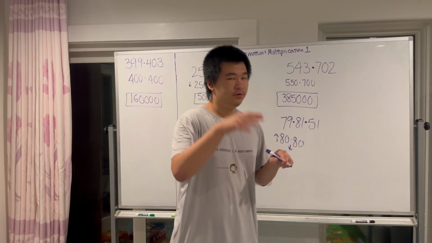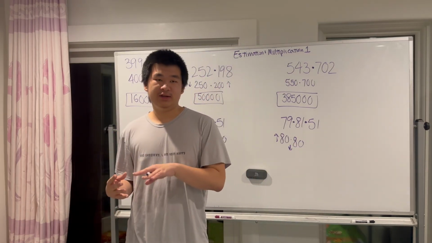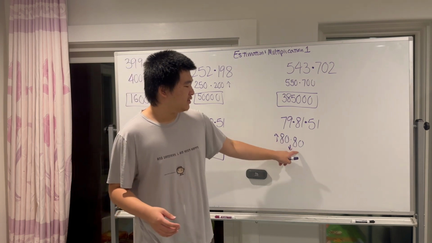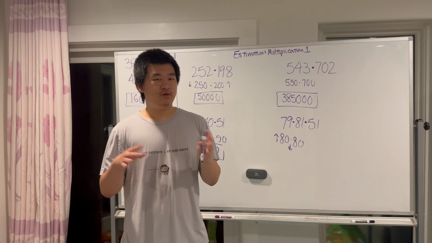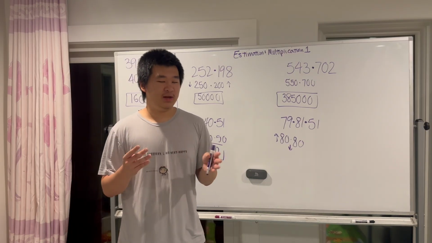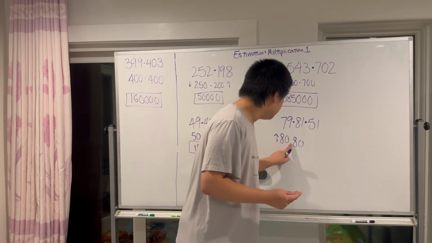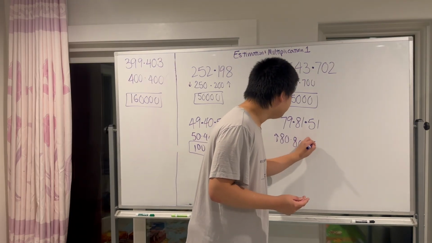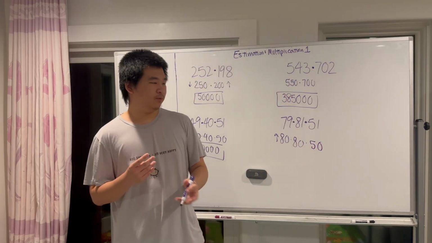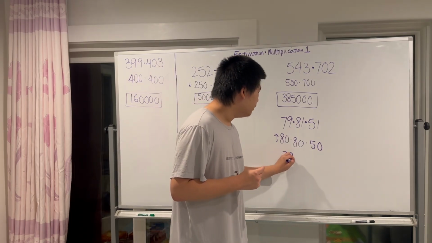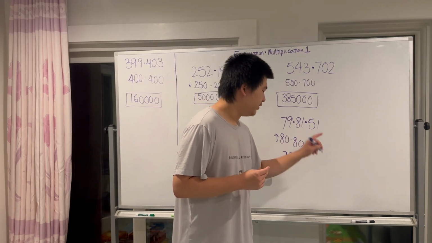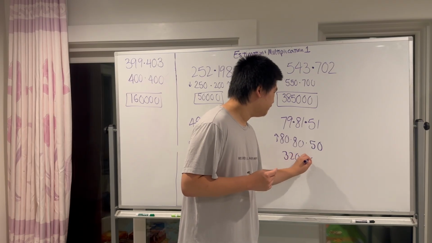And 51, we're going to round down to 50. That is about a 2% error. But considering that these two errors kind of cancel out, we know our final error is going to be around 2%, which is pretty safely in the range of plus minus 5%. So we know that this is going to be times 50. And so our final calculation would be 8 times 8 times 5, which is 320, with 1, 2, 3 zeros at the end.